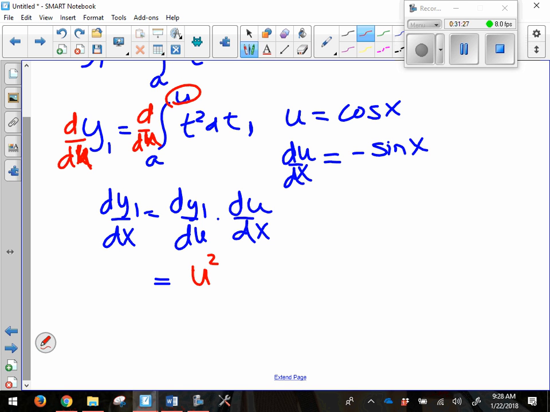Well, let's just call it u squared for the moment. Let's take it step by step. I'm just going to take my upper limit of integration and substitute it into my function. du/dx, as we already figured out, was negative sine x.